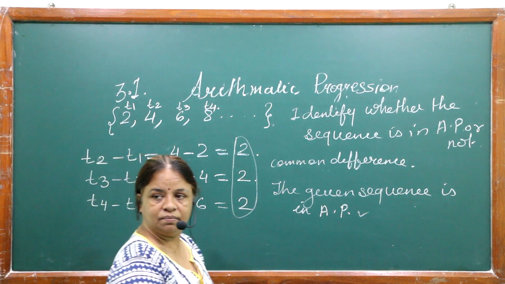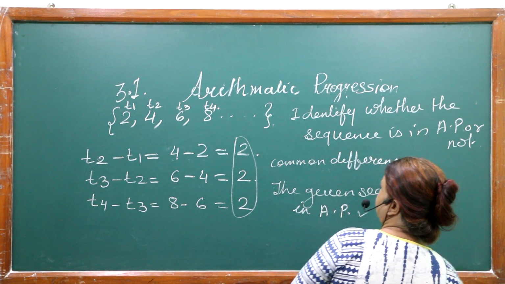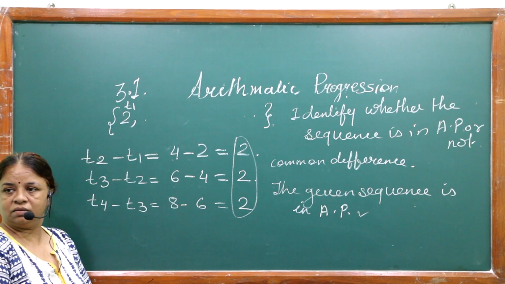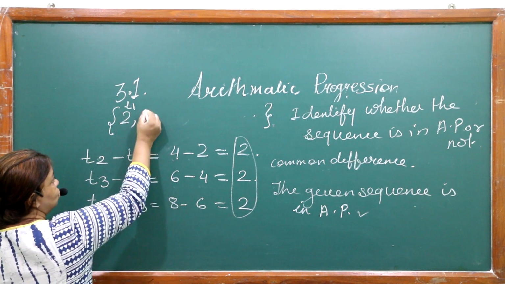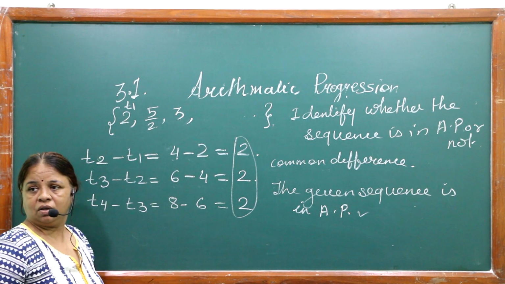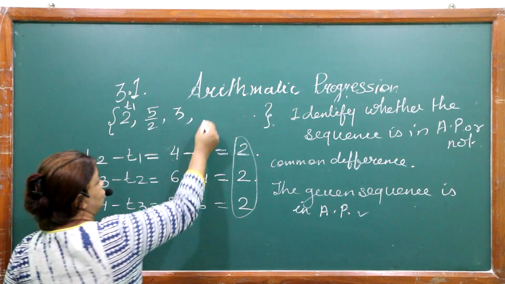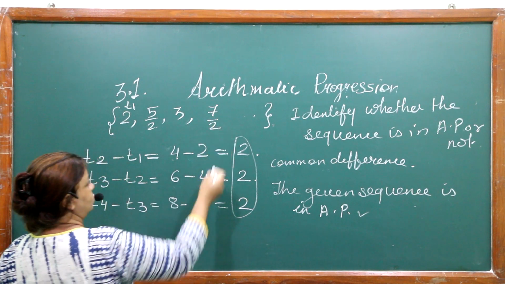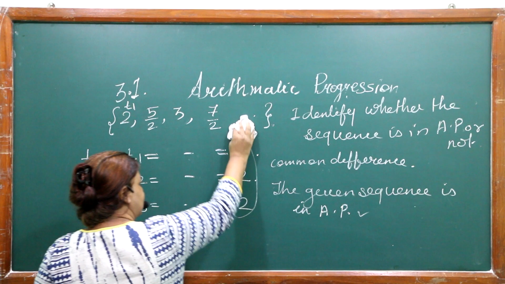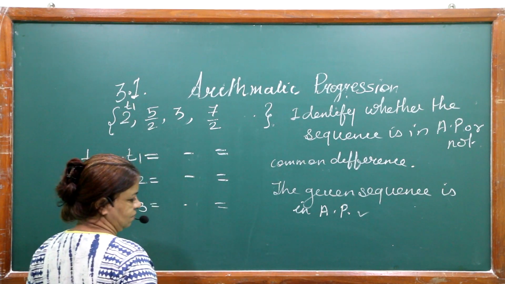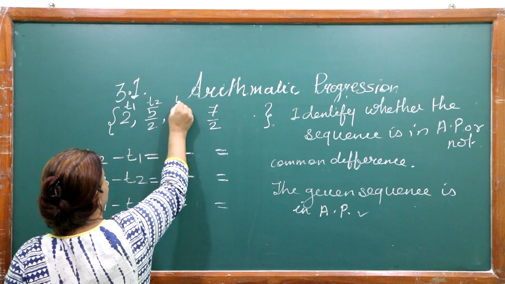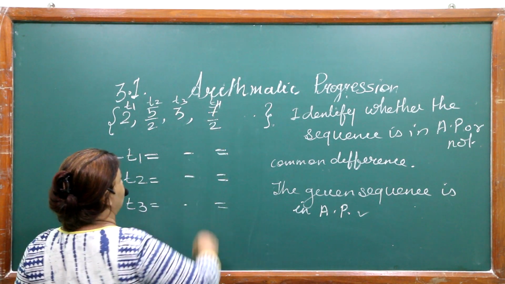Now the second sum is 2, 5 by 2, 3, 7 by 2. Now I'll be rubbing these numbers and writing here. We know this is term 1, term 2, term 3 and term 4.